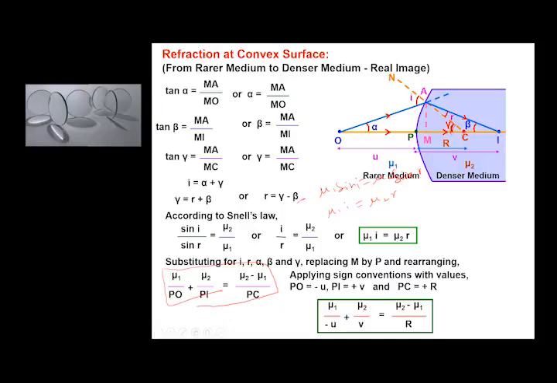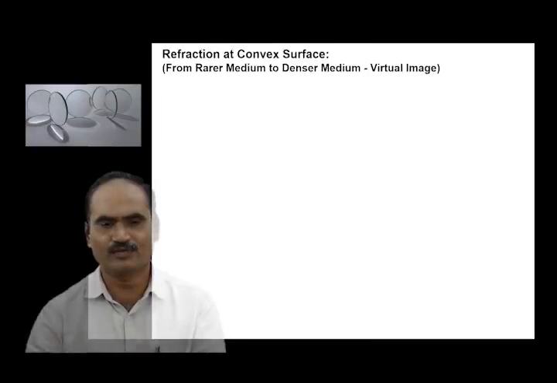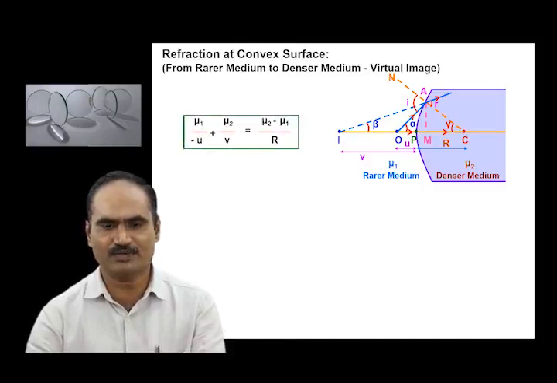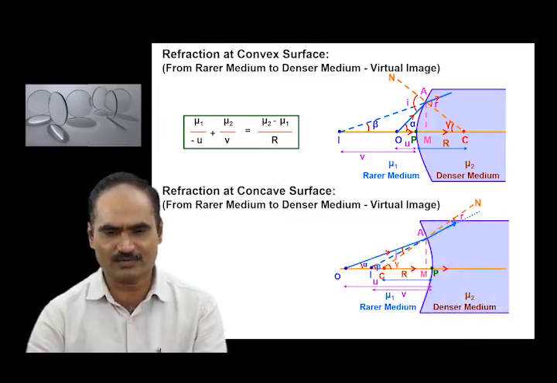Once again, you will use the sign convention. Here, the wonderful thing is this sign convention: mu1 by minus U plus mu2 by V is equal to mu2 minus mu1 by R. This you can use for a concave surface also. Same equation, same thing. This is for the convex surface, and similarly let us go for the concave surface.